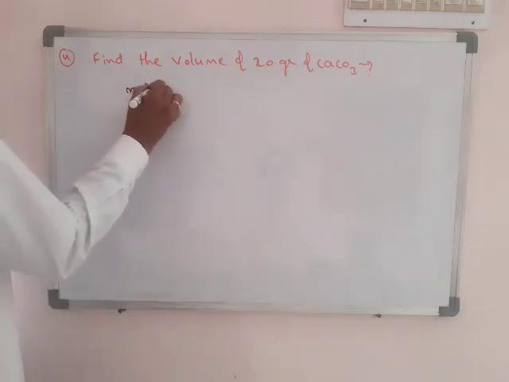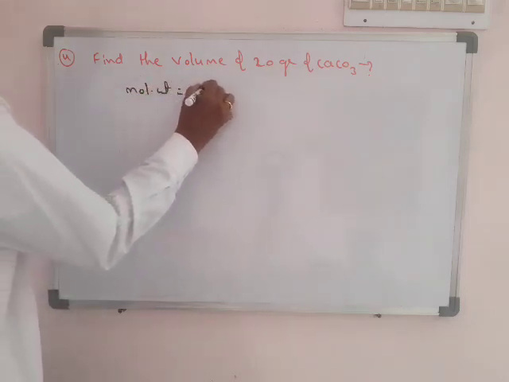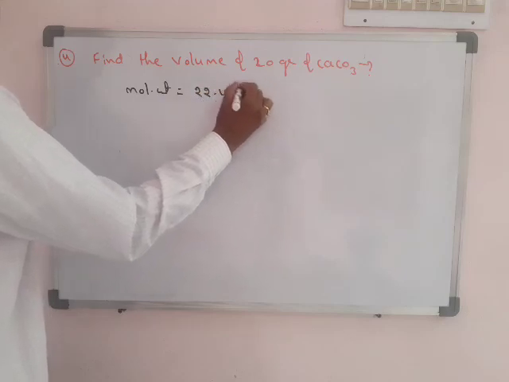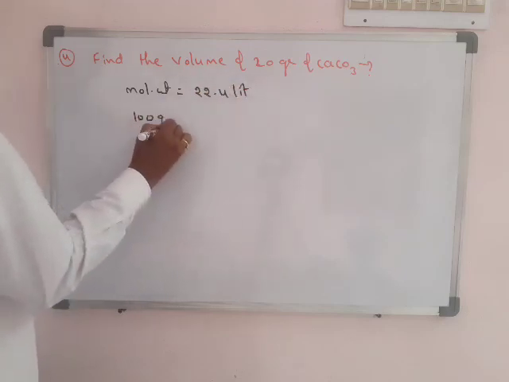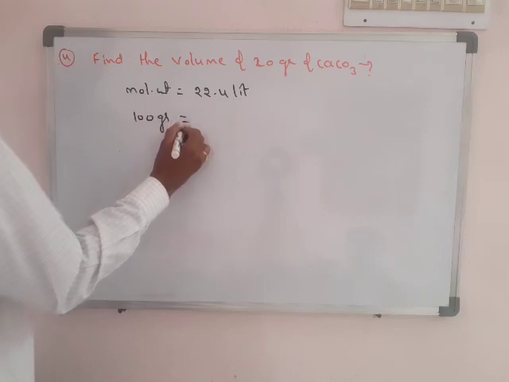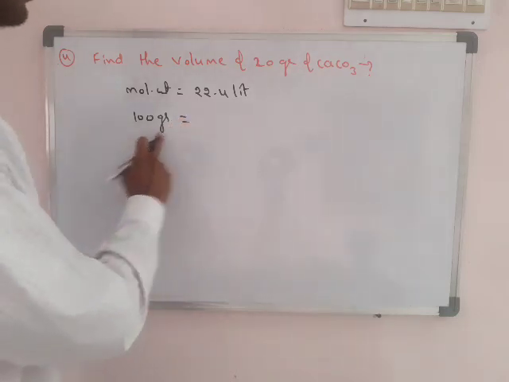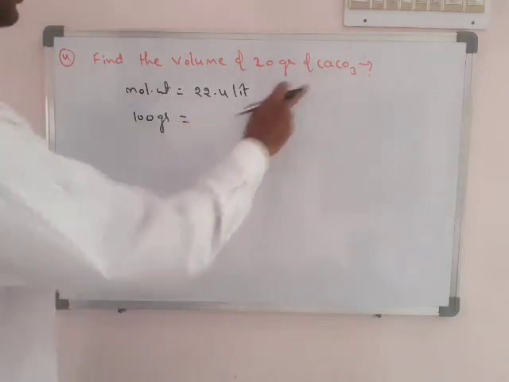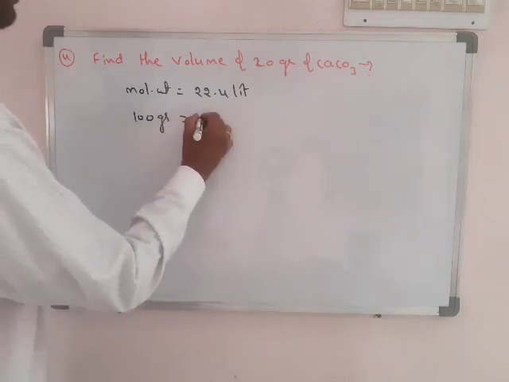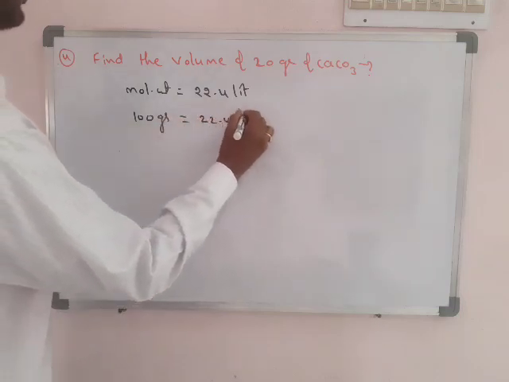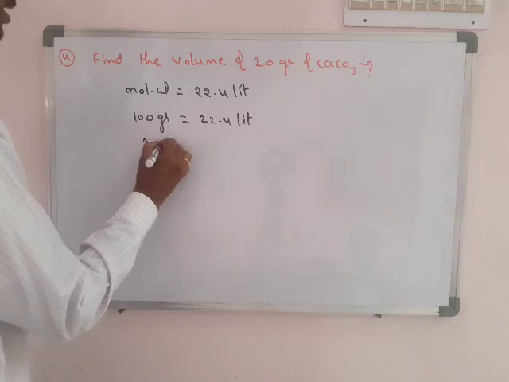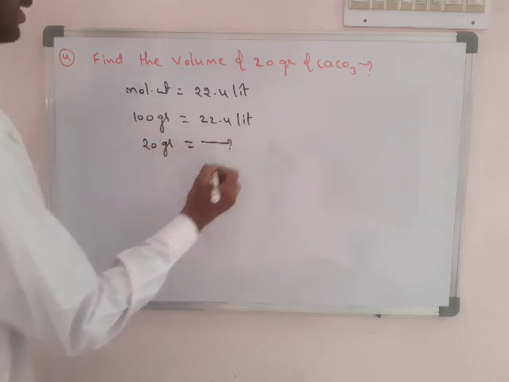At a given state we know the molecular weight. For any compound, molecular weight equals how many liters? 22.4 liters, meaning 100 grams of calcium carbonate. Why are we taking 100 grams? Because the molecular weight of calcium carbonate is 100 grams. So 100 grams equals 22.4 liters, irrespective of the gas or any compound.